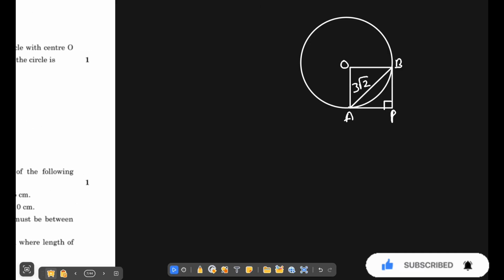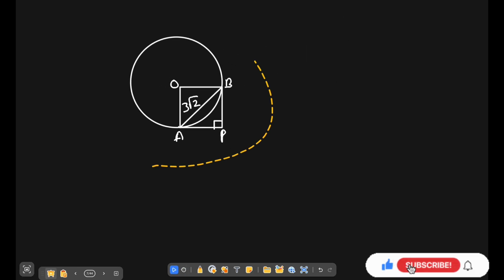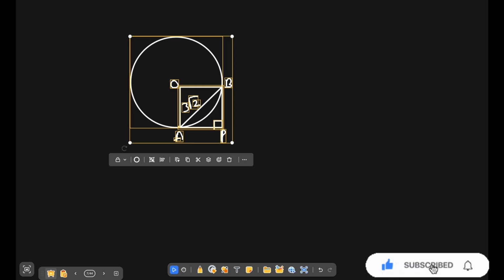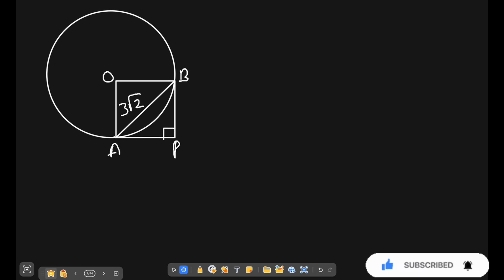So we have to find the radius. If you observe this figure, what is the angle at B? Angle at B is 90 degrees because the angle between the tangent and radius is 90 degrees. Angle at A is also 90 degrees.